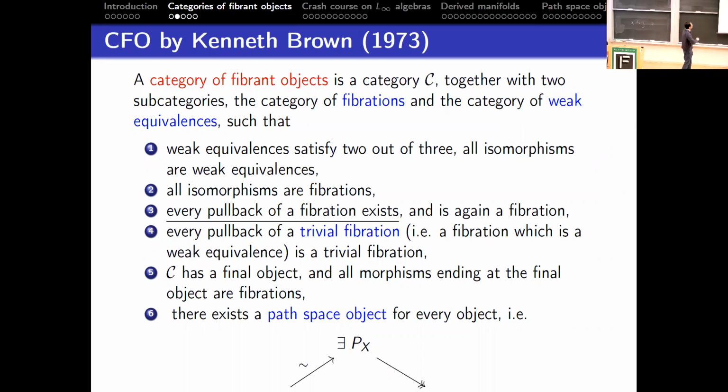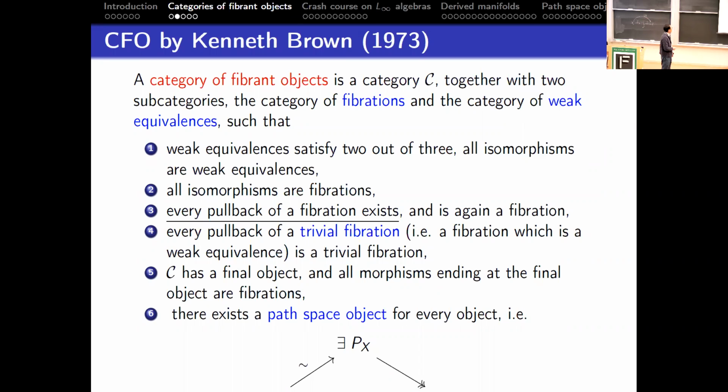What 2 out of 3 means: you have 3 objects and 2 morphisms, f and g, and this composition fg. It means if any 2 of those are weak equivalences, then the other one has to be a weak equivalence too. So that just means 2 out of 3. You have a composition, and if 2 of them are weak equivalences, then the third satisfies this condition.